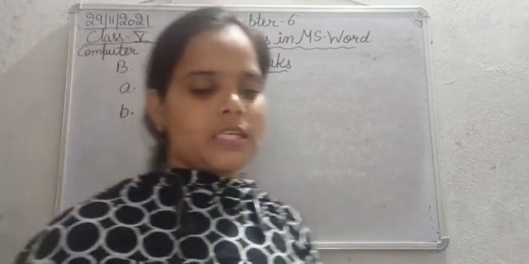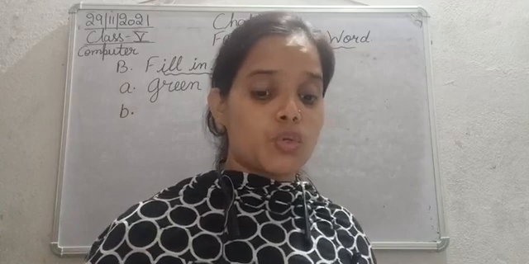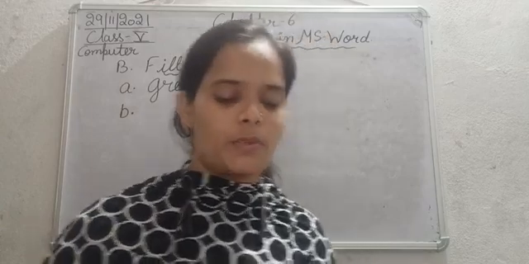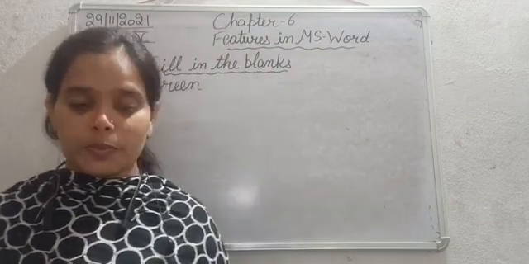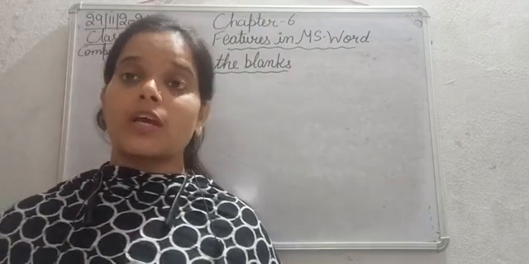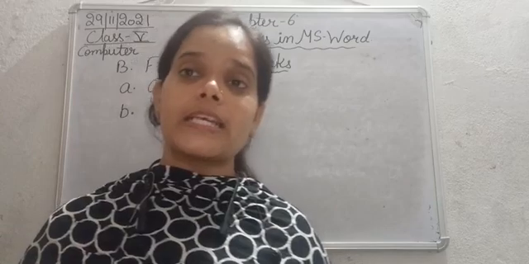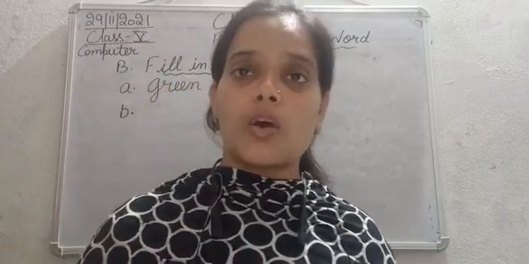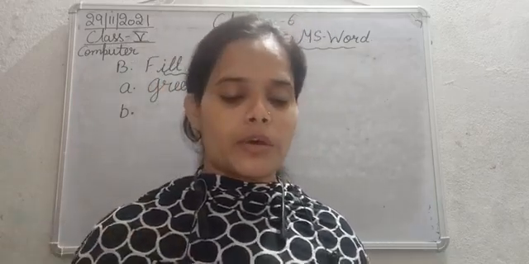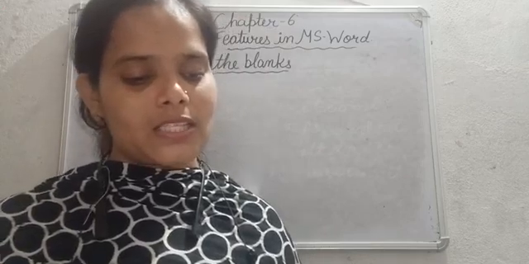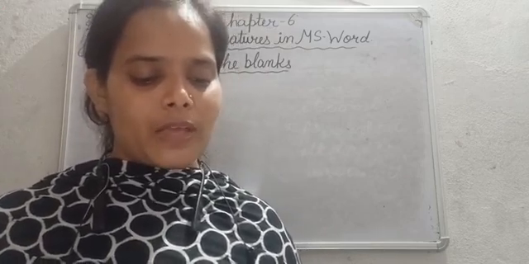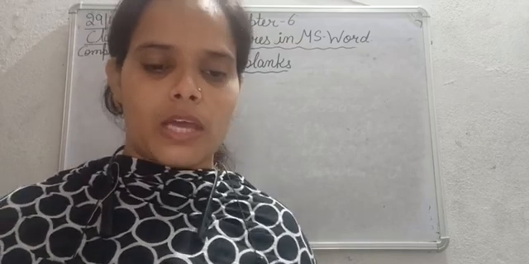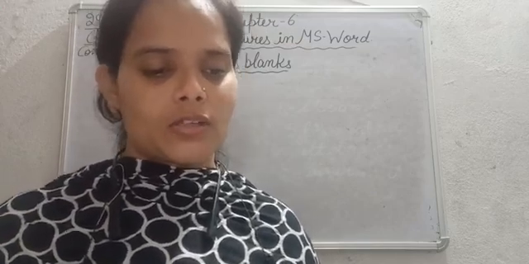Moving next to the B1. The thesaurus is a list of words grouped together containing, okay, so what is the thesaurus? It contains the antonyms and synonyms. It's a group of words that contains the antonyms and the synonyms. So the answer for this one is synonyms and antonyms.